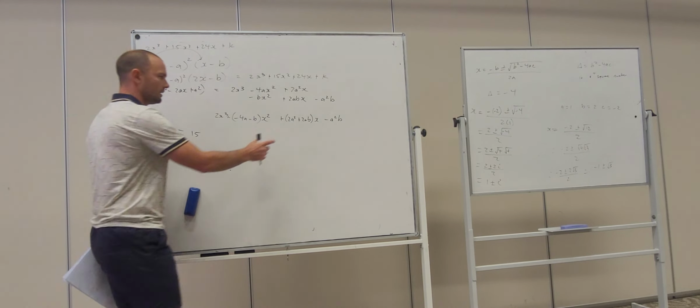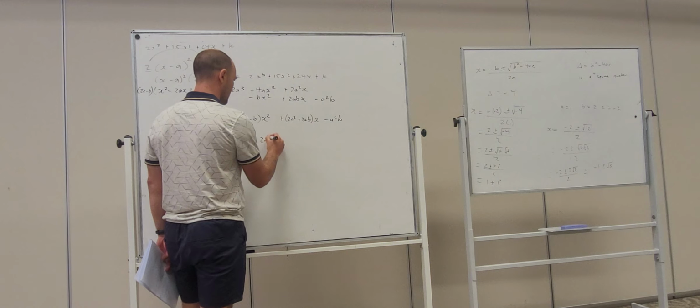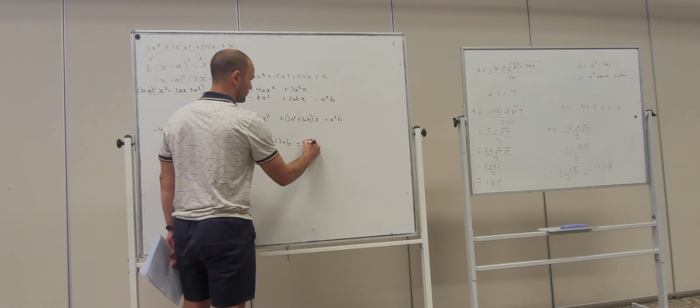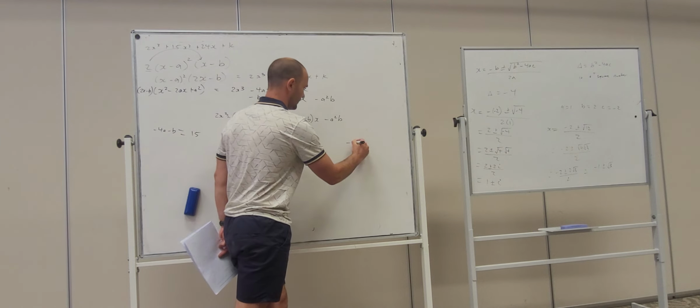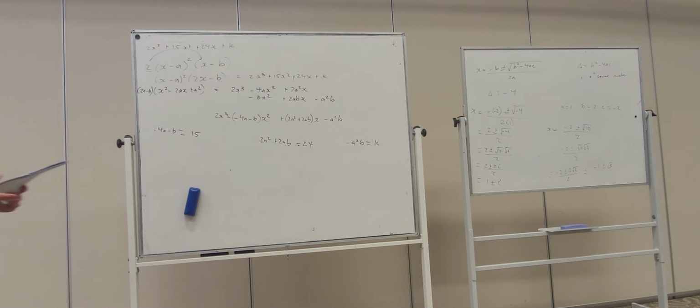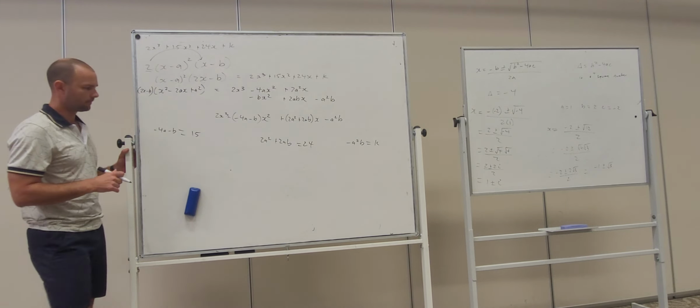And then the other one here, 2a squared plus 2ab, the coefficient of x, has to equal 24. And then over here, minus a squared b is equal to k. Okay, we'll go through and solve.